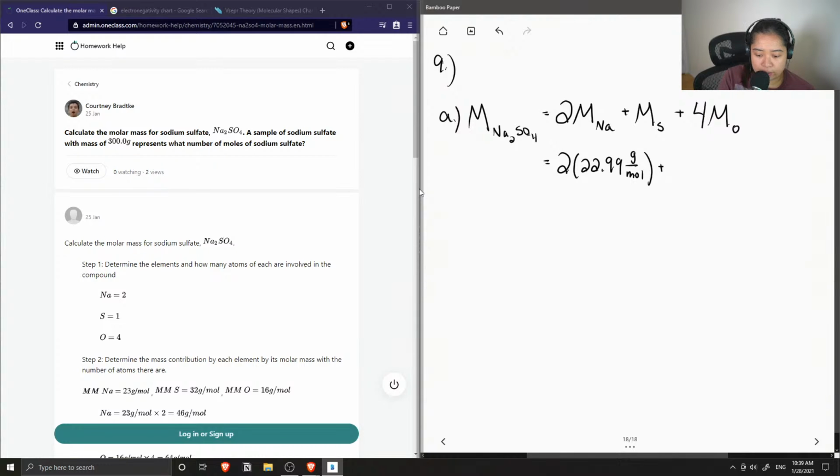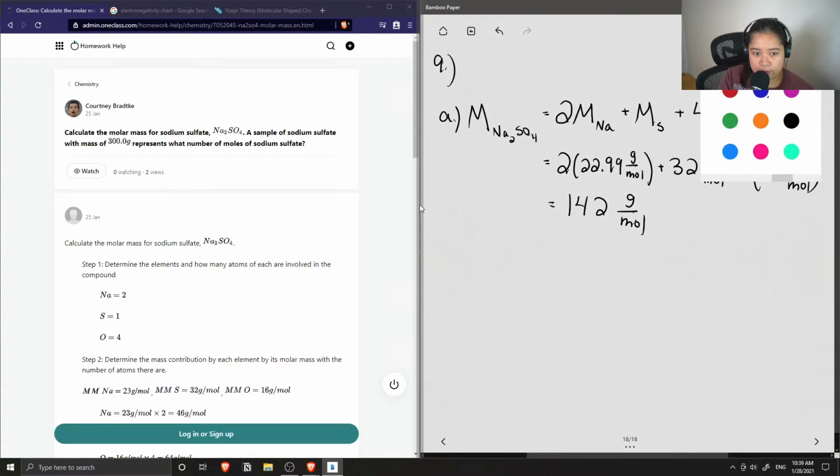Sulfur has a molar mass of around 32 grams per mole. And finally, oxygen has a molar mass of around 16 grams per mole. If we add all these values up, we get a final molar mass of 142 grams per mole. Okay, so that's for part A.